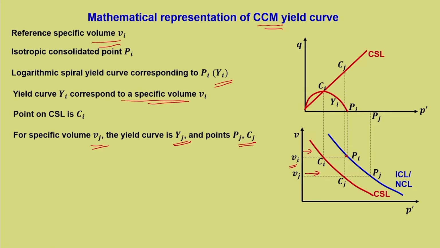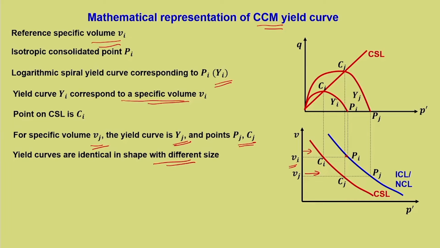That Cj will lie on the critical state line, and the yield curve will be like this. Now, yield curves are identical in shape with different size. The shapes of these two yield curves are very close to each other, but the size differs depending upon whether it is Vi or Vj.